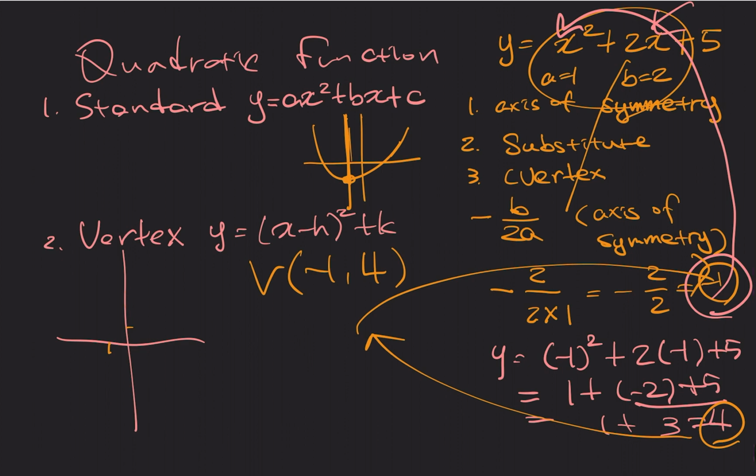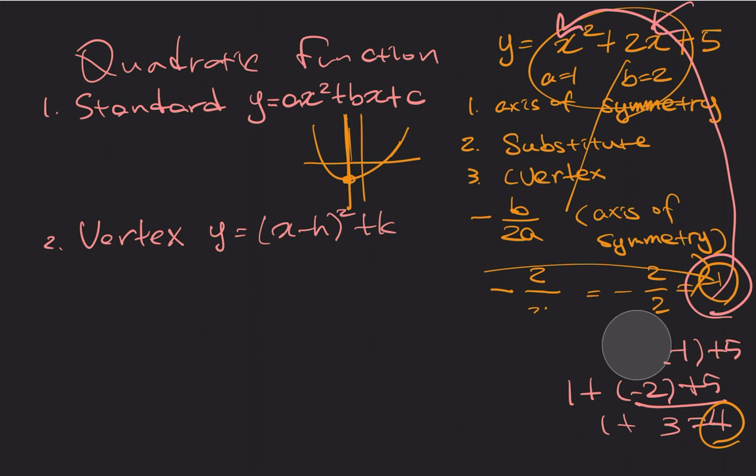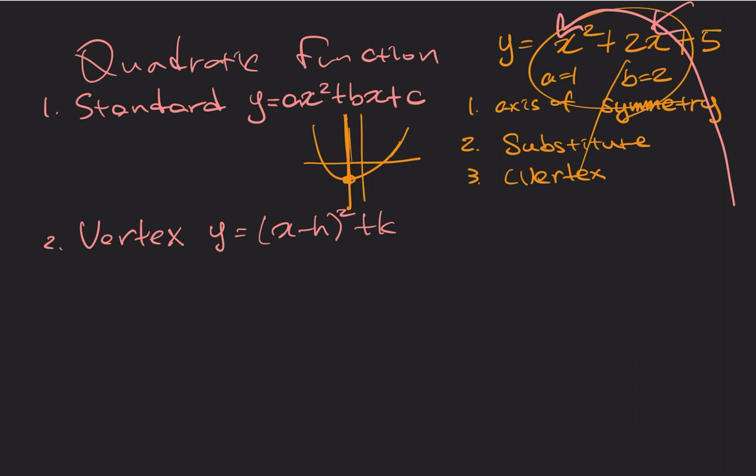And now we're going to have a look at the vertex form. It's very easy because this is the vertex form, and now you know what the vertex form looks like. Automatically, you can just see the vertex of this function is h, comma k.